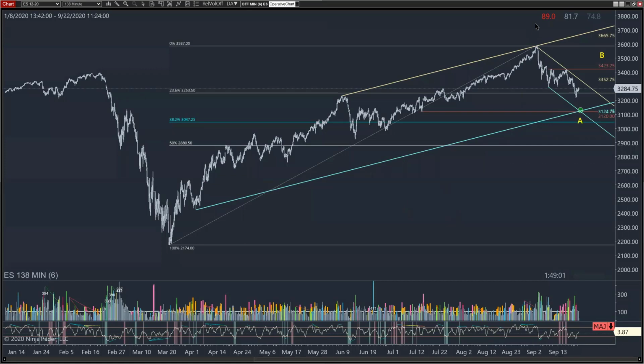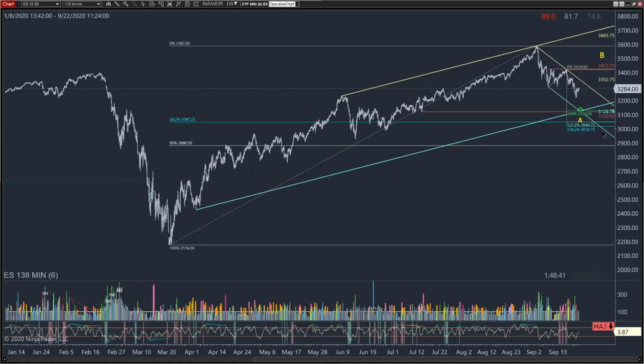Will we make it down to there? Yeah, it looks like we probably will. I'd say we have a short coming up directly.